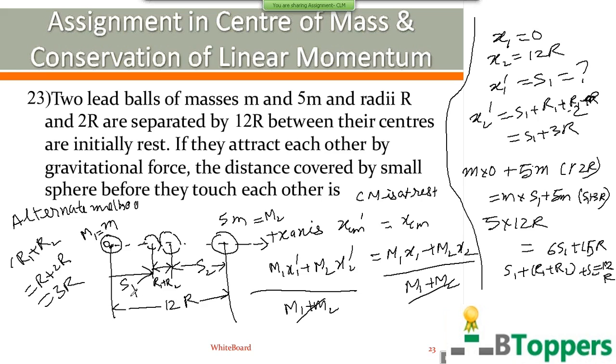The next step is to substitute r1 plus r2 equal to 3r and solve this equation. This you call the first equation. This is the second equation. Solve these two equations to find S1. Or even if you solve the first equation, you get S1. You don't actually require the second equation. You can solve this first equation to find S1. You get S1 equals 7.5r. Same answer you get.